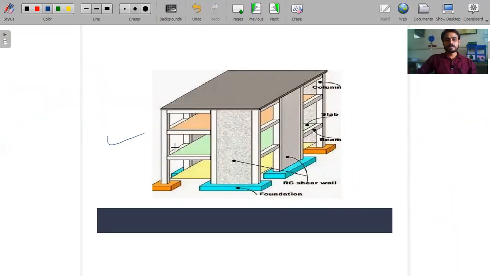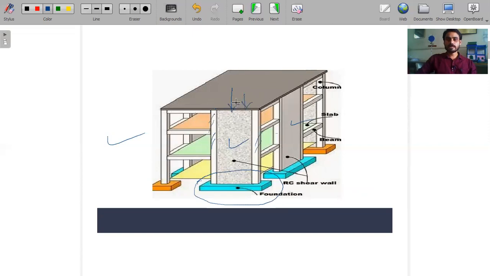In this picture we can identify how shear walls are placed in a multi-story building. This is shear wall, this is shear wall. Shear wall means a completely RCC wall from top to bottom. Here that is not a column; the edges are constructed in such a way that they look like a column. Top, bottom and side edges, and the shear wall has its own foundation system, because a shear wall not only transfers lateral loading but also transfers vertical loadings through it.